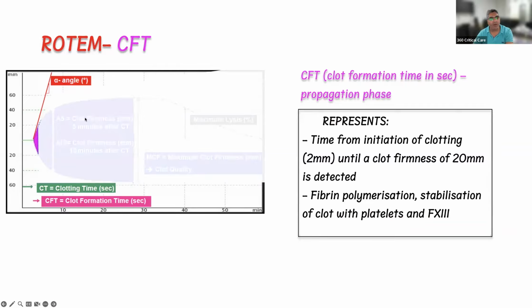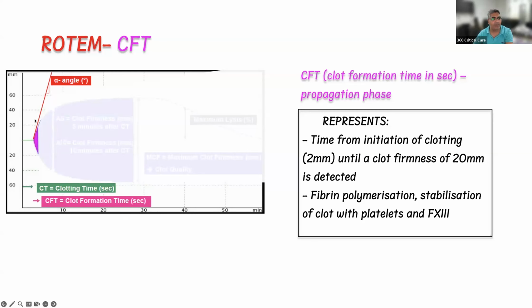Okay. Clot formation time, or CFT, in seconds, represents the pink part. This is the time from clot initiation, where the height is 2 millimeters, until the clot firmness goes to 20 millimeters.